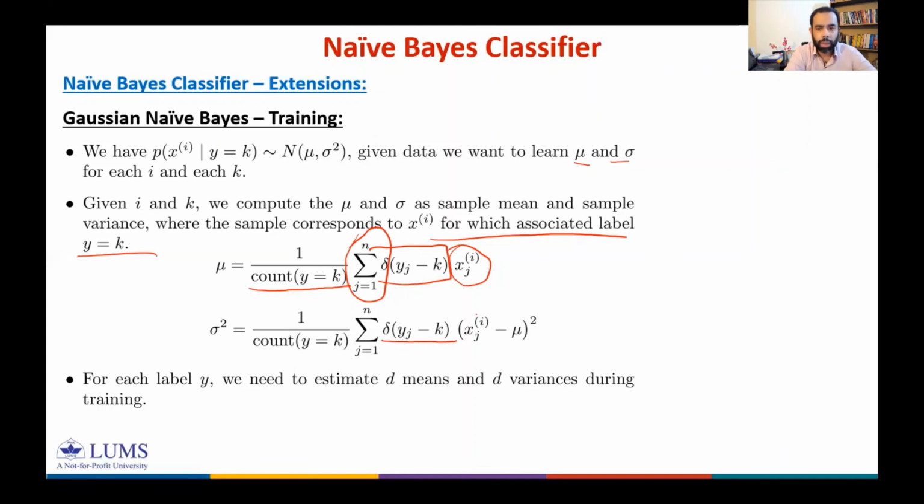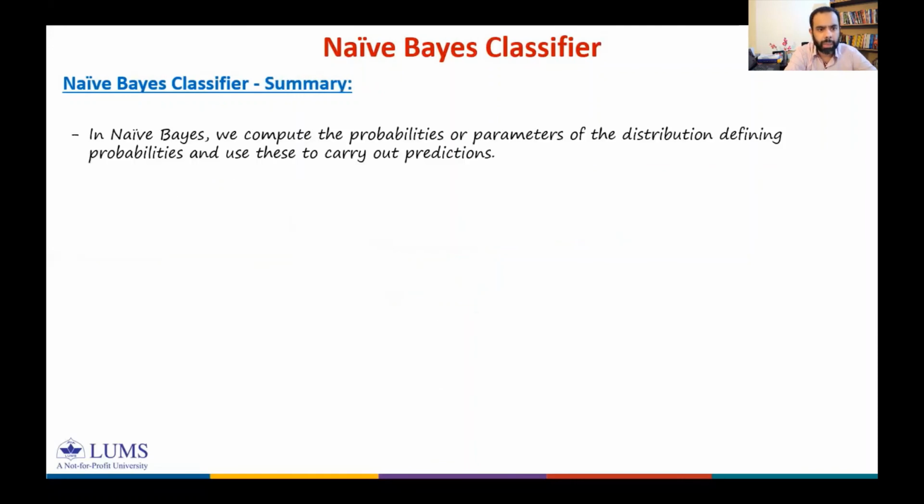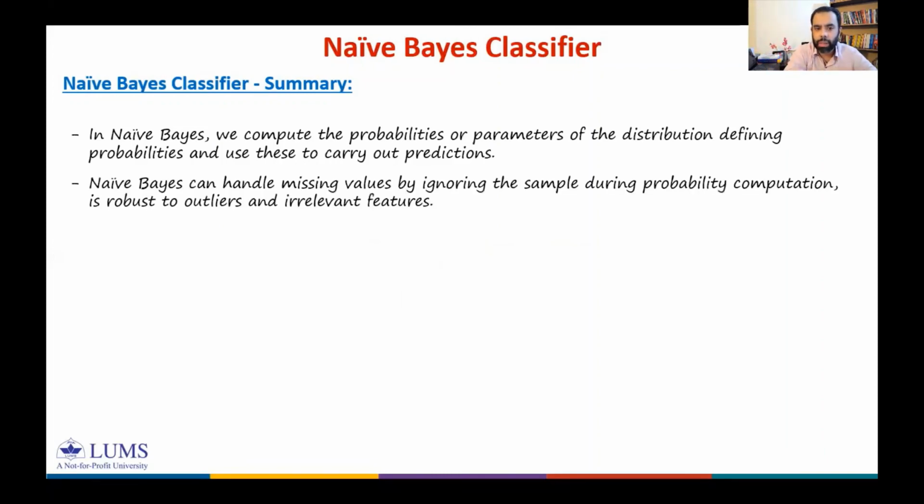Okay, let's conclude and summarize the Naive Bayes classifier. In Naive Bayes, we compute the probabilities, or parameters of the distributions defining the probabilities, and we use these to carry out predictions. Naive Bayes can handle missing values by ignoring the samples during probability computation, and due to this, Naive Bayes is robust to outliers and irrelevant features.